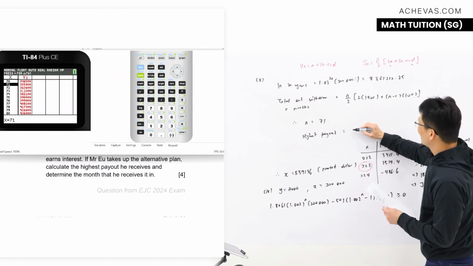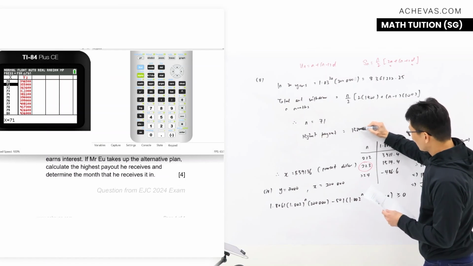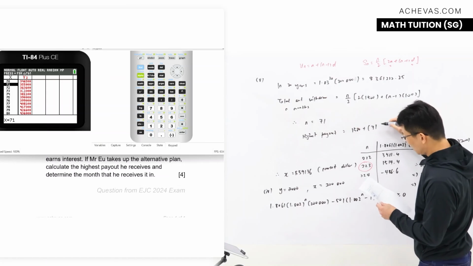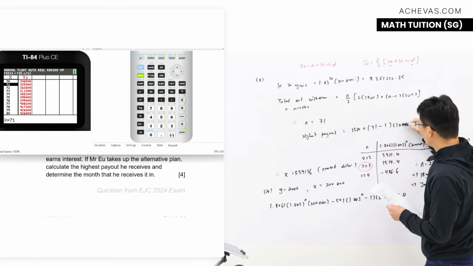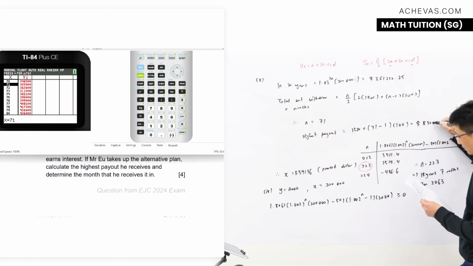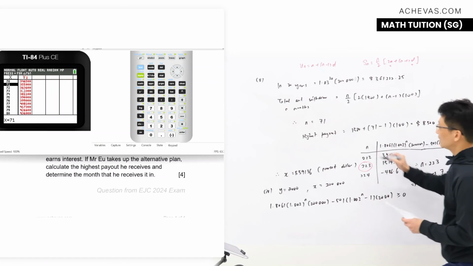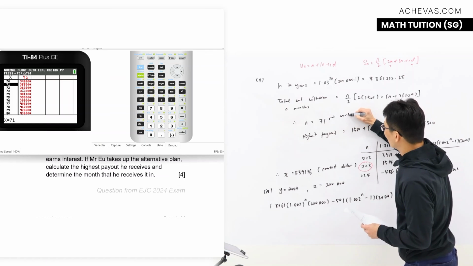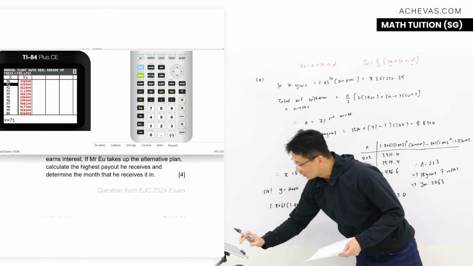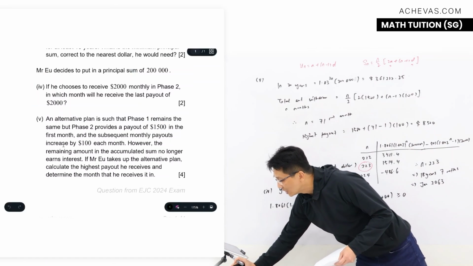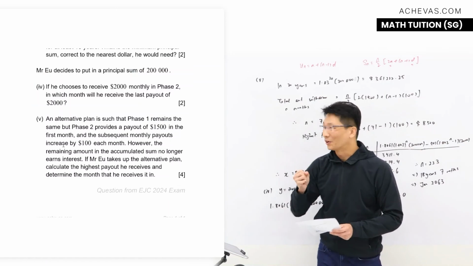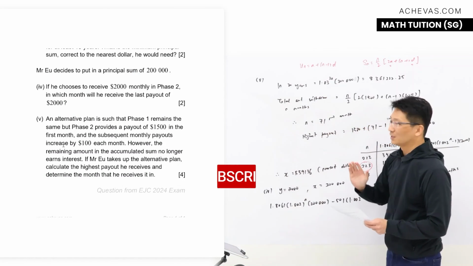First term is 1,500, n is 71 from the calculator, minus 1, and common difference is 100, which gives me a total of $8,500. And this is the month that he will be withdrawing, the 71st month. I don't think for this particular question I need to state which year and which month he will be withdrawing. I think the 71st month should be sufficient already.